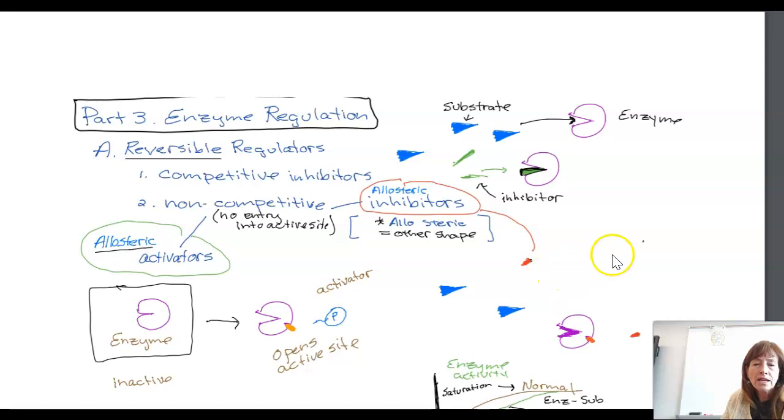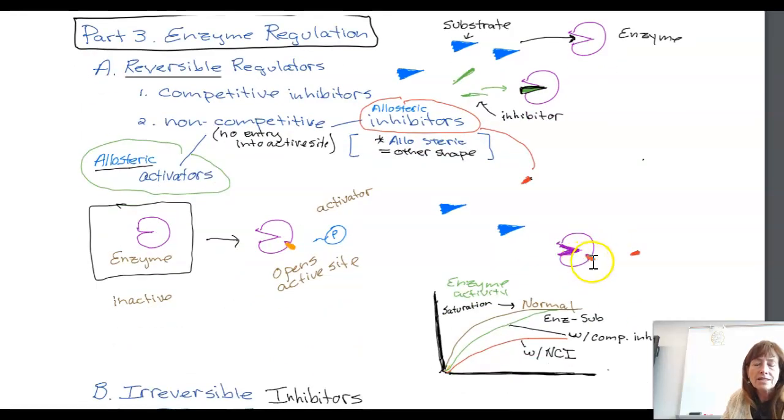That means that it can enter into a site that we actually call the allosteric site, which is over here on this enzyme. And when it does that, what it's doing is changing the shape of this active site so that the substrate can't fit in. So that's a way of inhibiting by changing the shape. Allosteric inhibitor. Okay, still reversible though.